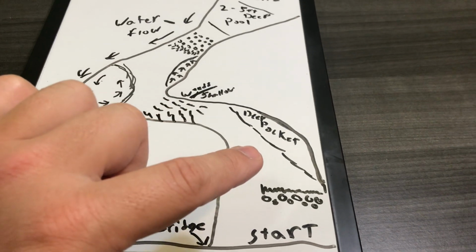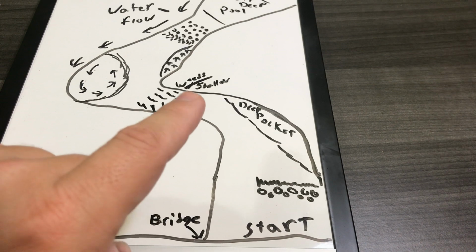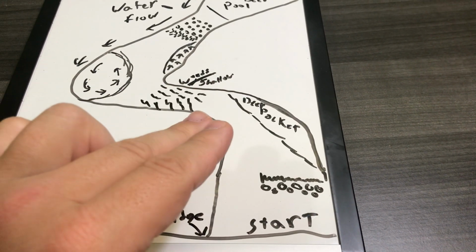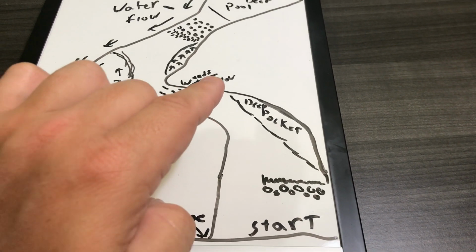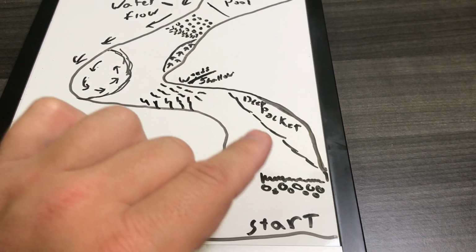If you have that scenario, a good rule of thumb is even if the deep pocket's way over there, cast to the shallow corner, so your inside corner first, and work your way casting out to the outside corner as you're fishing across it like this.